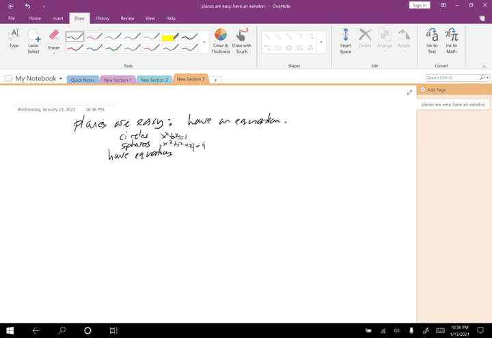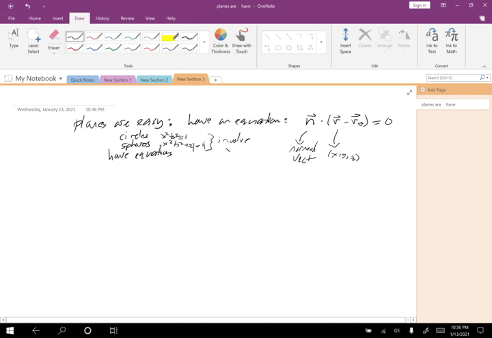So the equation for the plane is n dot (r minus r0) equals 0, where n is the normal vector, r is x, y, z. Remember, both of these equations involve x, y, z, so we needed to see that somewhere. And finally, r0 is a point in the plane.